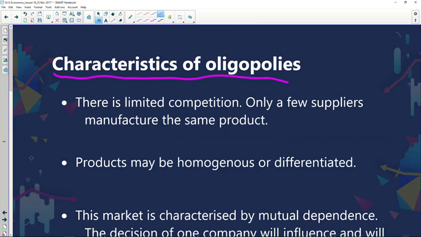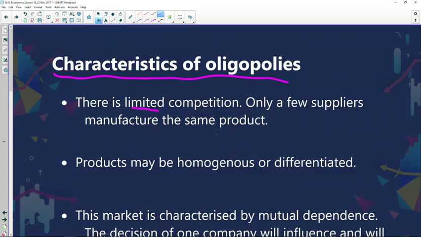So we know that there is limited competition based on the fact that there is a small number of large businesses. You have to emphasize that in this particular market. That on its own does limit competition because you have a few businesses that sell this particular product. That could be considered a barrier.